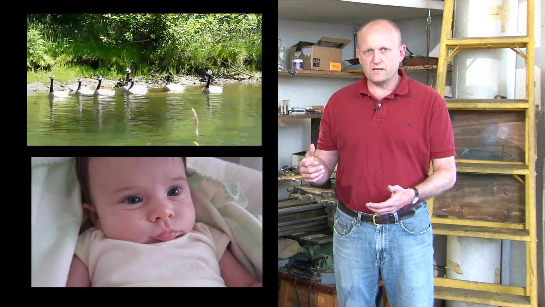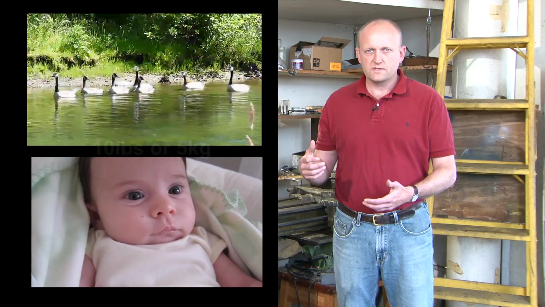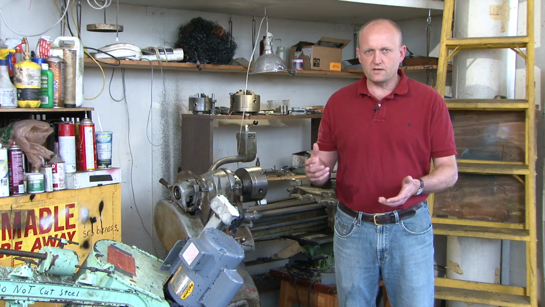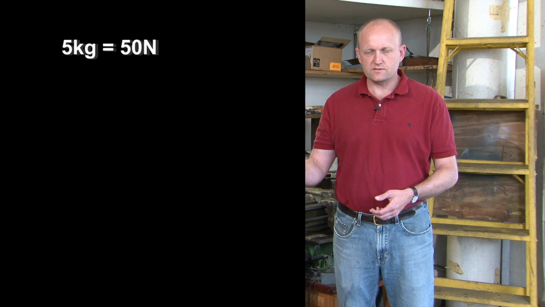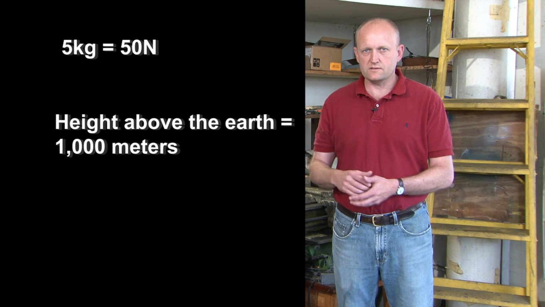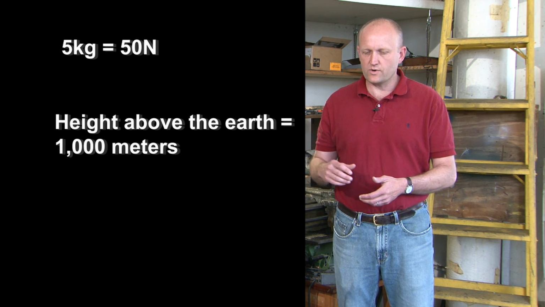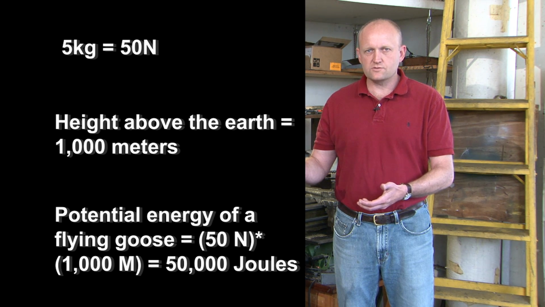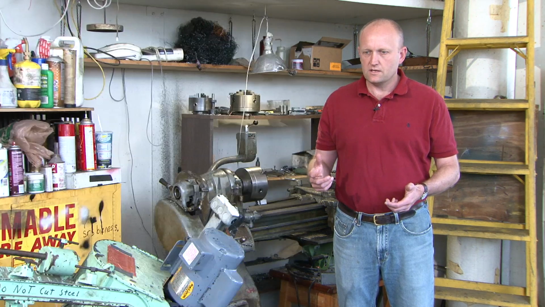So maybe I'll estimate that a Goose weighs 10 pounds or 5 kilograms. So I figure a 5 kilogram Goose, that's a 50 Newton Goose here on Earth, because acceleration due to gravity is about 10 meters per second squared. So I multiply those 2 and I get 50,000 joules. That's a lot of energy, I guess.